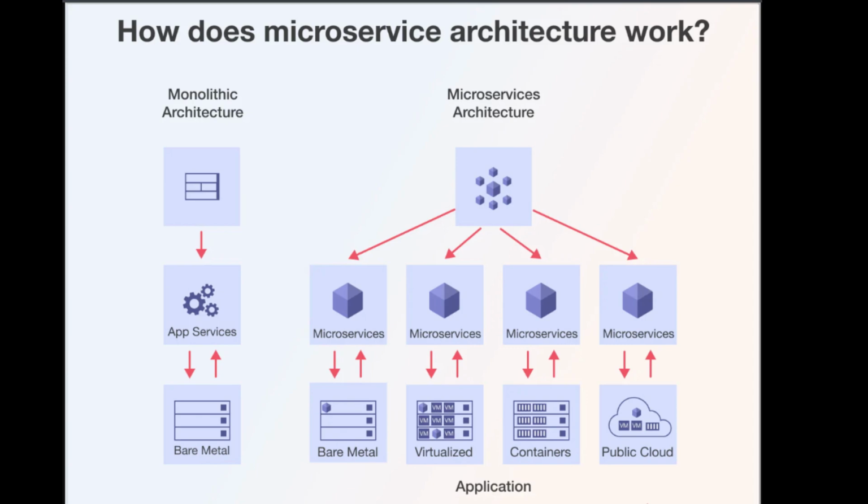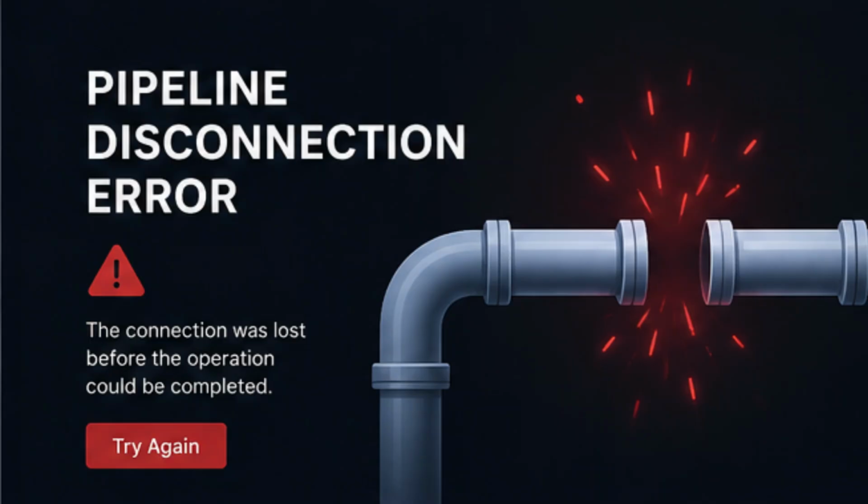And from the words pipeline disconnection, you should get a hint of what it is, right? A pipeline means something connecting things to each other, and imagine that pipeline breaks. That means there's a leakage there, right? So that is what it means.